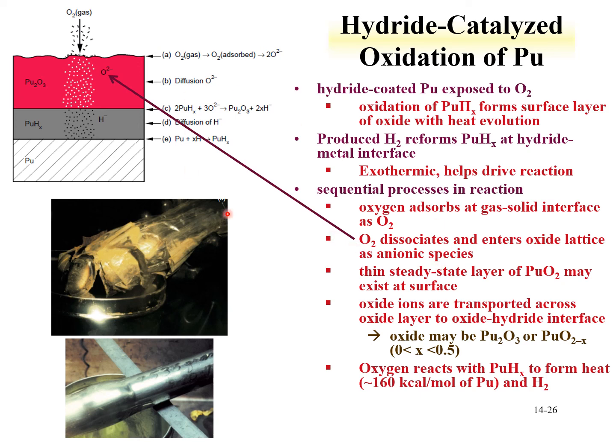So as this oxide enters the lattice, we definitely form some oxidation. This migrates down to the hydride lattice area, where we get the formation of the oxide. The reaction is exothermic, forms dihydrogen, and that forms the plutonium hydride. So we see that the surface is where the reaction occurs, but we get a migration of both the oxide and the hydride through the plutonium metal.